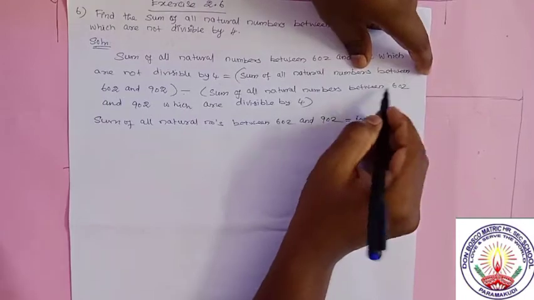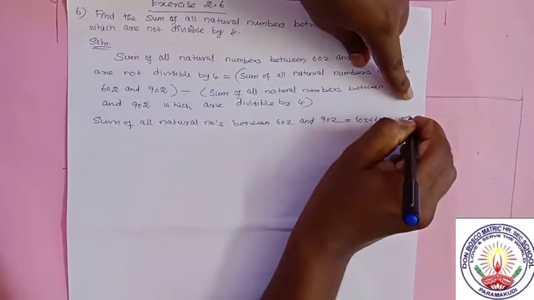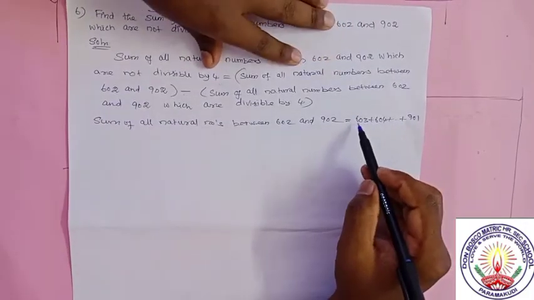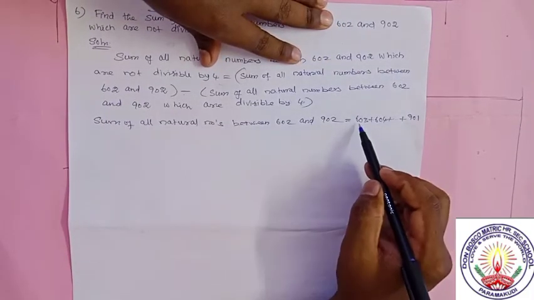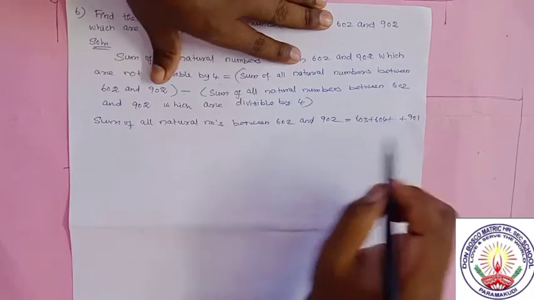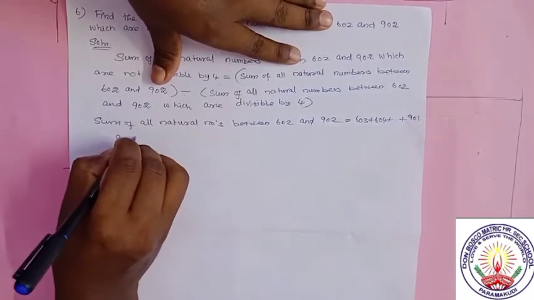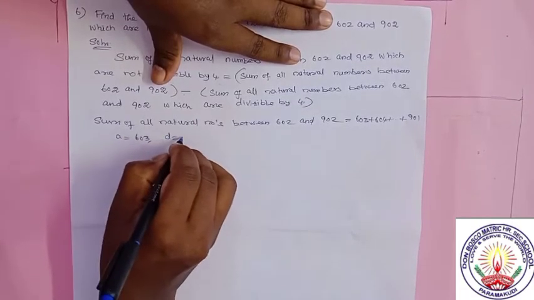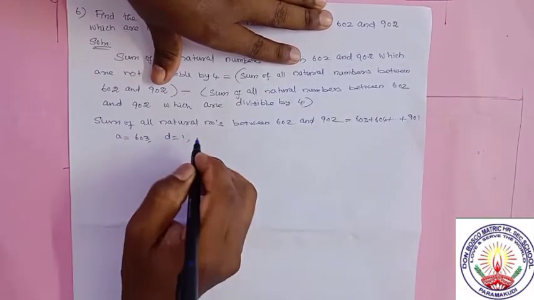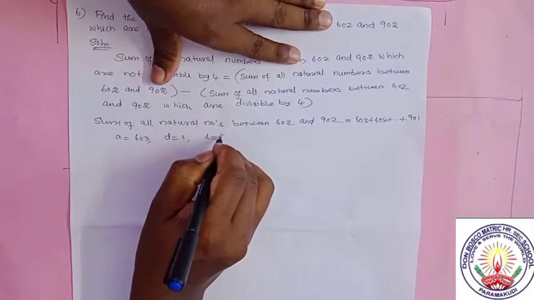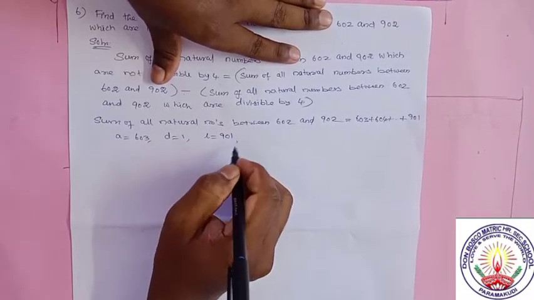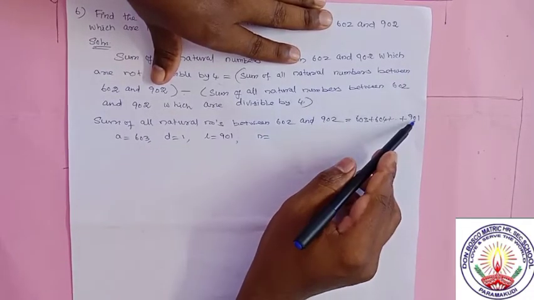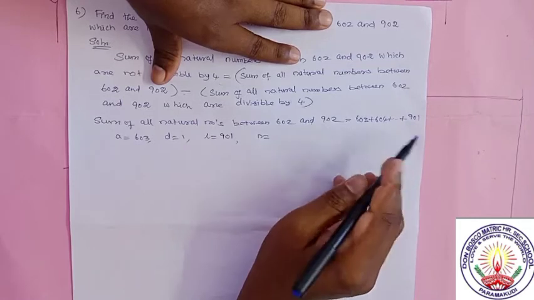The last number is before 902, the previous number is 901. So these are the natural numbers between 602 and 902: 603, 604, and so on up to 901. Here a is equal to 603, d, the common difference, is equal to 1 since they are natural numbers, and l is equal to 901. Here for the formula, the number of terms n is equal to 902 minus 602, subtracting gives it.